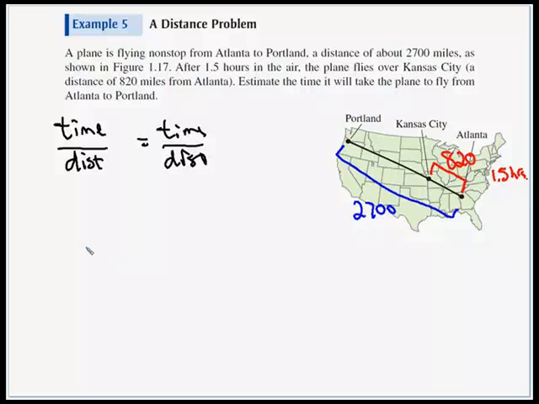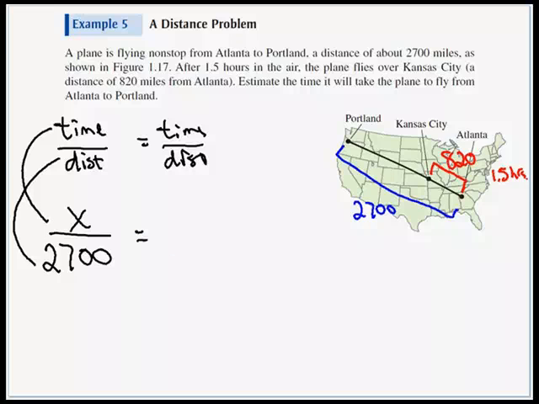So we know the overall distance we're looking to travel is the 2,700 miles, and we want to find the time it takes to do that. So the time would be x, the distance would be over 2,700, and that is equal to, we have this other smaller ratio. The time it took to fly from Atlanta to KC was 1.5 hours, and that distance traveled was 820. And once we have this set up as a proportion, we can cross multiply.